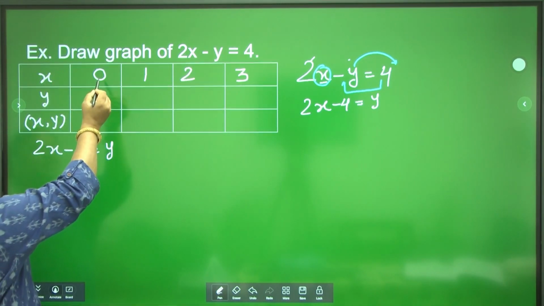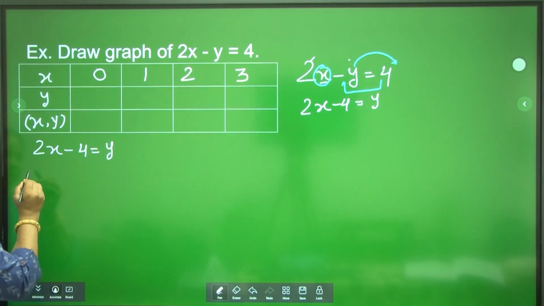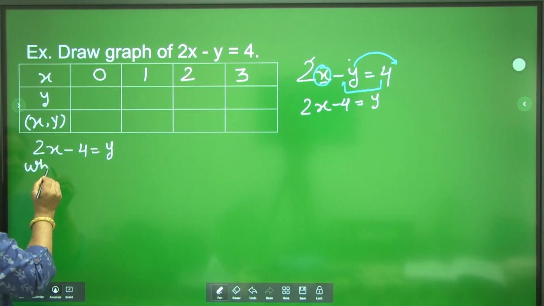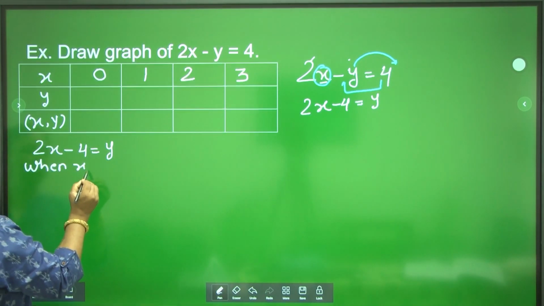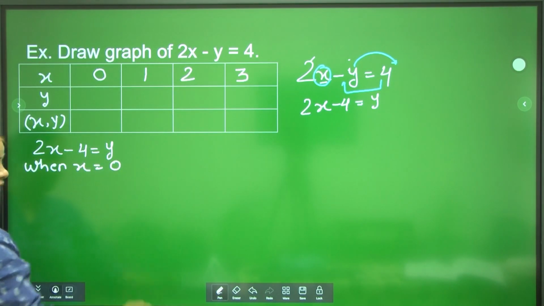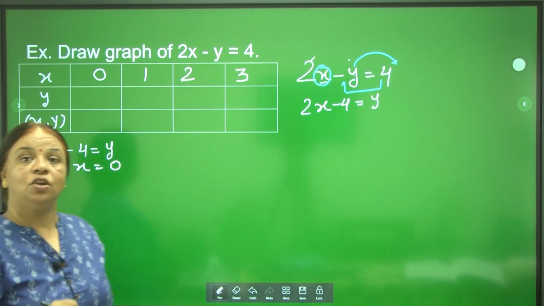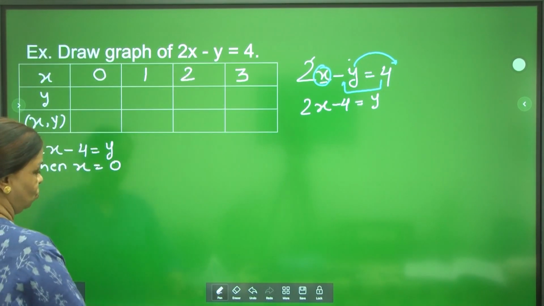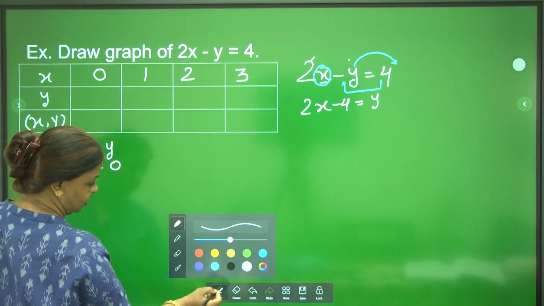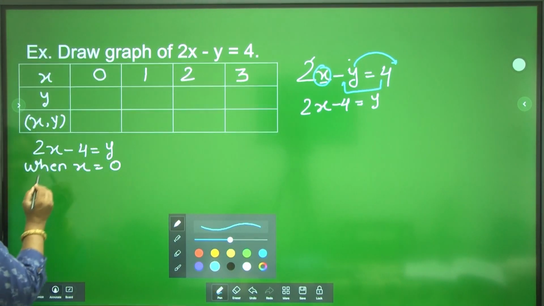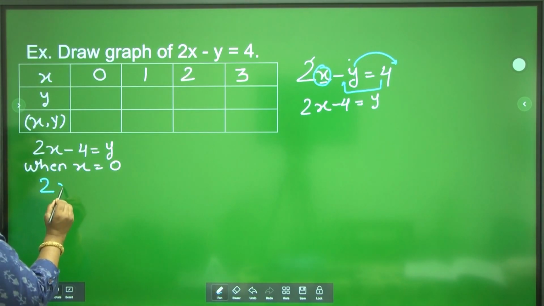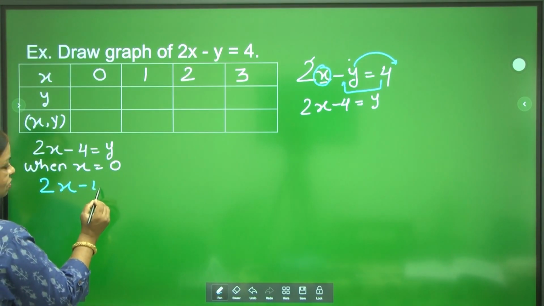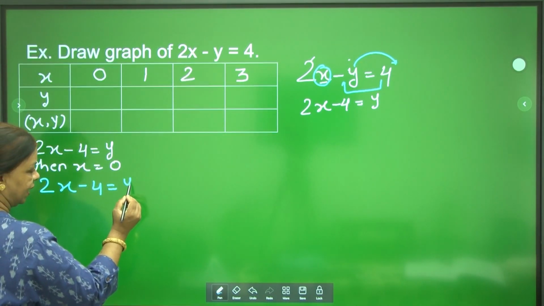So first is 0. What will I write when x is equal to 0? When x is 0, what will be your y value? So now see, children, I will be writing this equation, 2x minus 4 is equal to y.